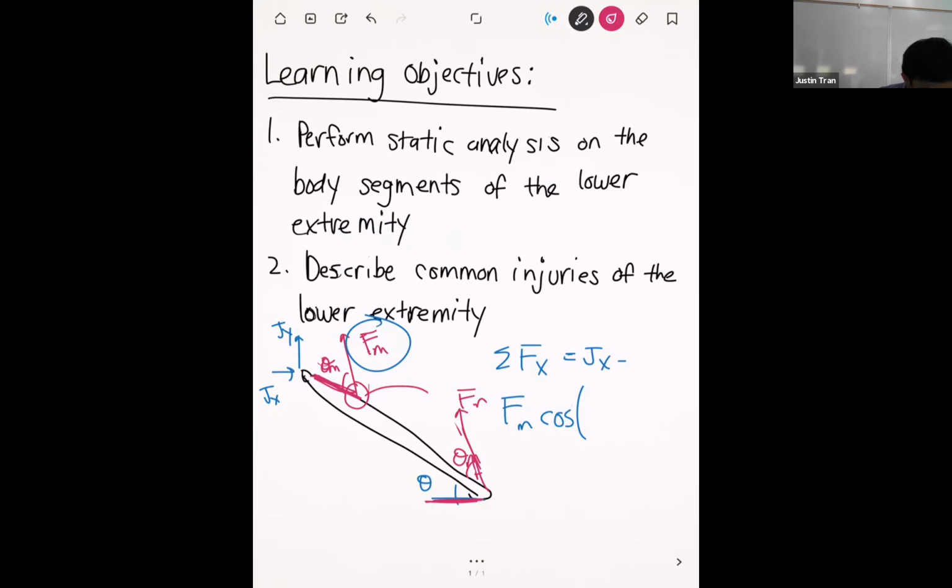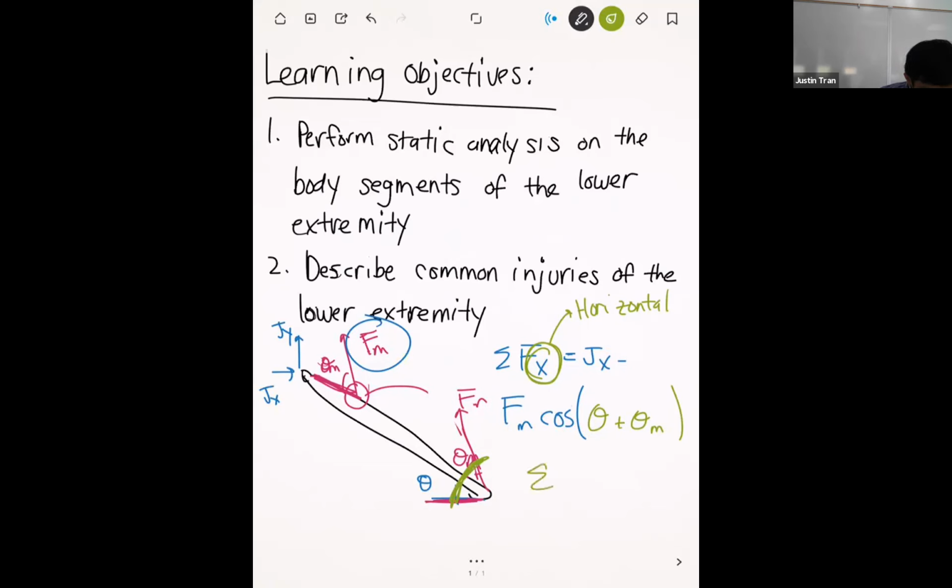And so the total angle, if we sum these two angles together, is theta plus theta M. Because remember, we're summing up these forces with respect to the X direction, and the X direction is with respect to the horizontal, right? And so any trigonometry terms that you put in there, any sines and cosines, should be with respect to that horizontal line, okay? And then same thing for the vertical too.